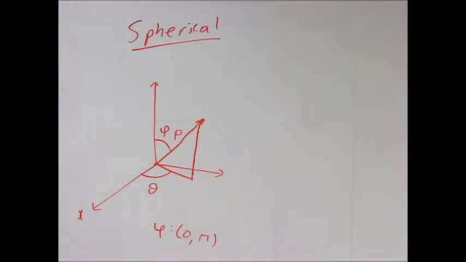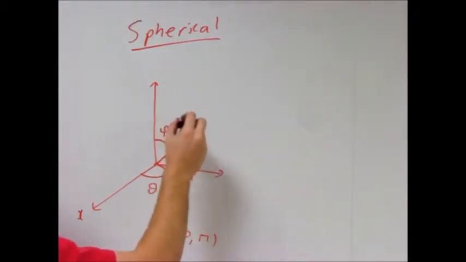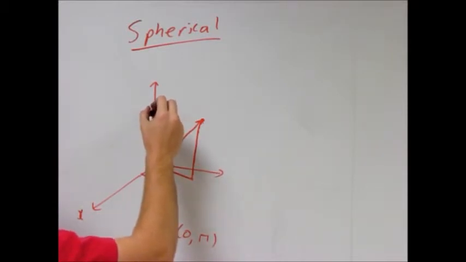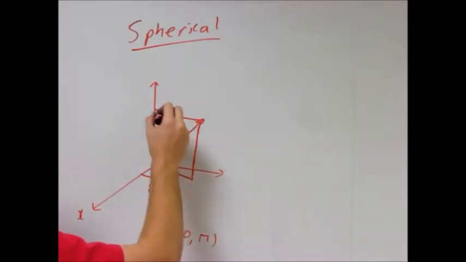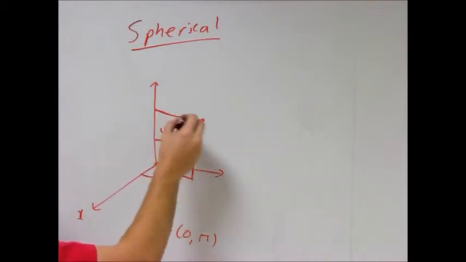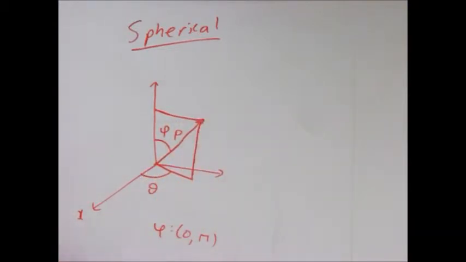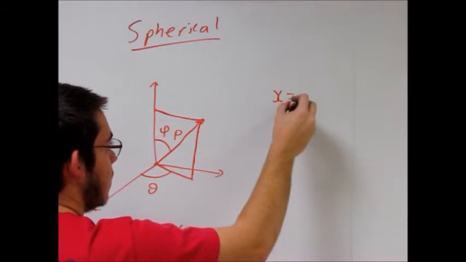And we can have pretty easily some conversions. Imagine this line coming out like this. We know the z value of this is just going to be, so I convert it.